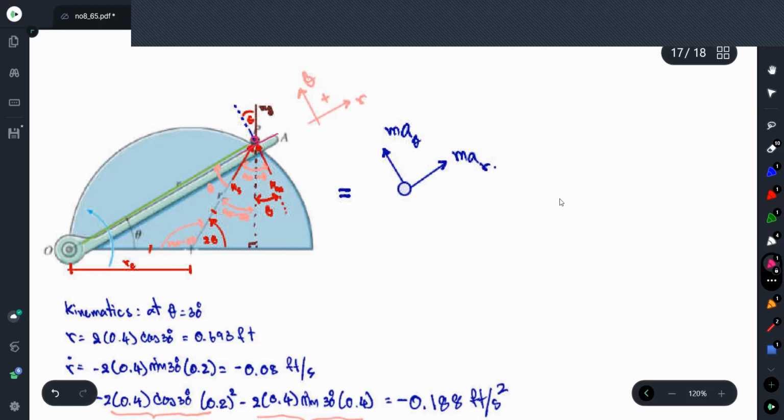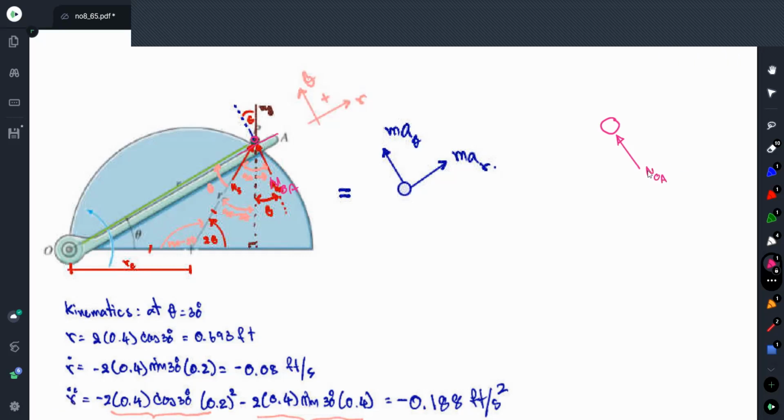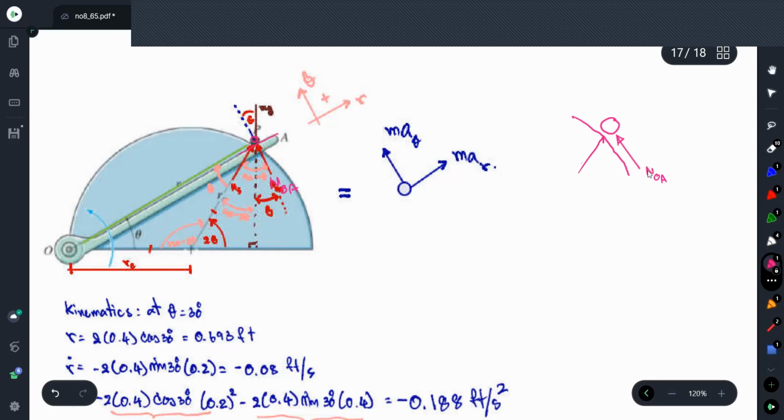The contact from the arm gives us NOA. If I zoom in on this part, we have NOA. And from the contact surface of the semicircular path here, we should have the normal force perpendicular to the path, that is NS.